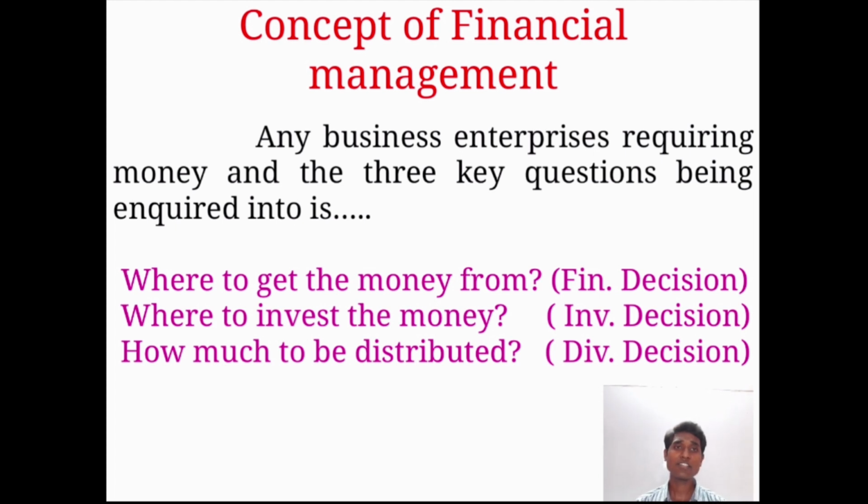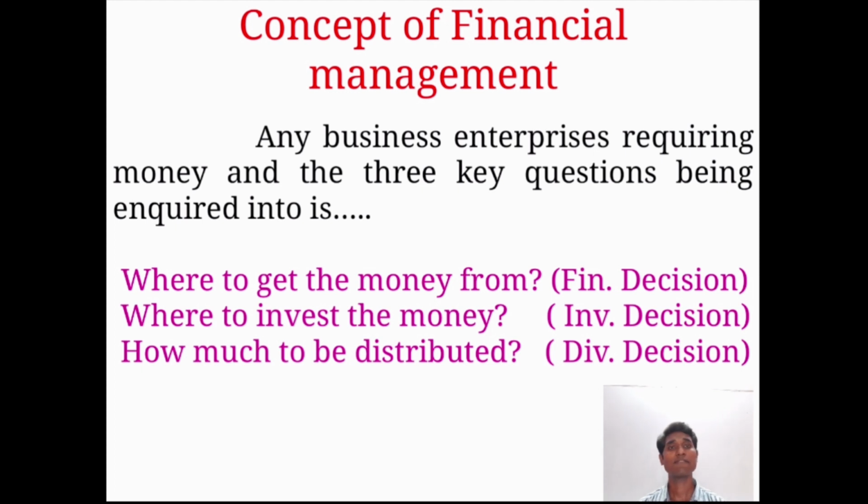So, the financing decision, from where to get the money from, answers the question or provides the solution about the sources from where we can borrow funds and the cost of various sources of funds.